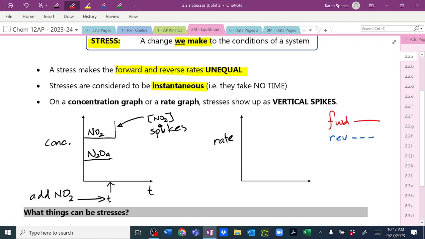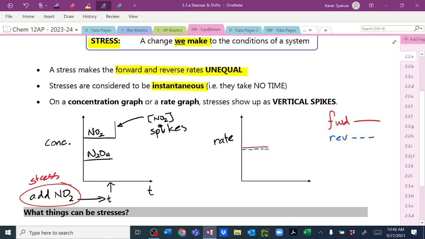And before we stress the system, what can we say about the two rates? They're equal. Okay, so our forward rate and our reverse rate are equal, and because it is really hard to draw them right on top of each other, we draw them just as close as we can. Okay?